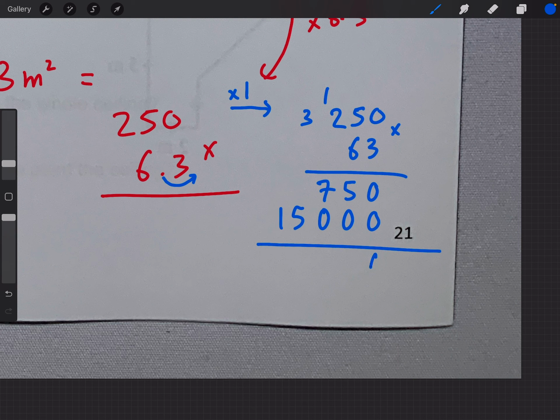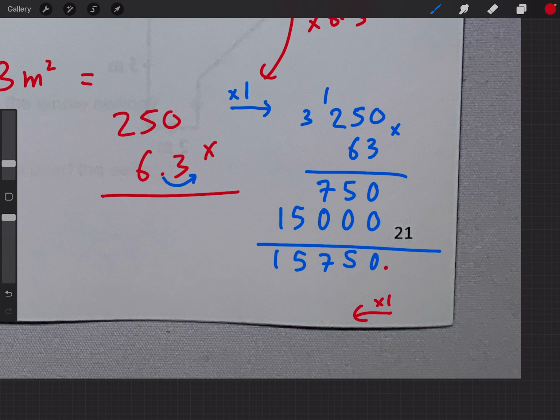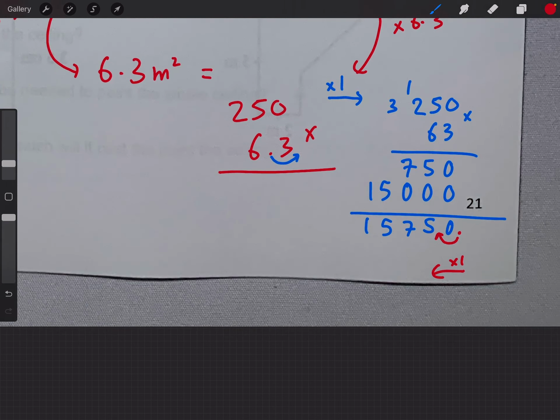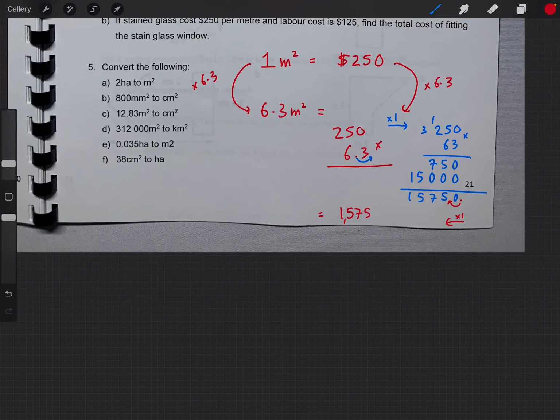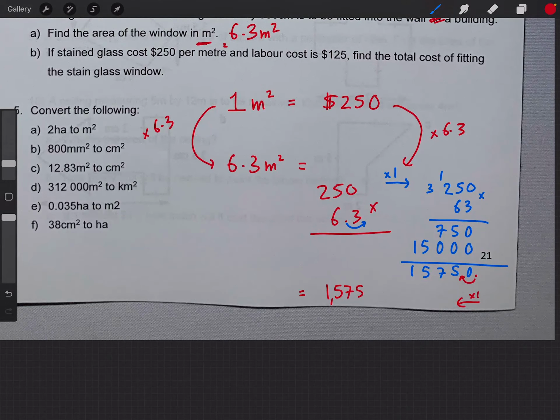Add them up. 0, 5, 7, 5, 1. Now because we moved the decimal place to the right once, we have to move it back one time as well. So the decimal place is right here. So the answer is going to equal 1575. So the cost for the materials is going to be this much.